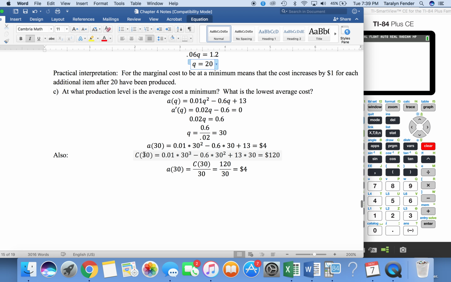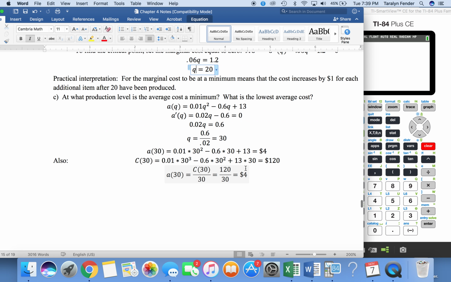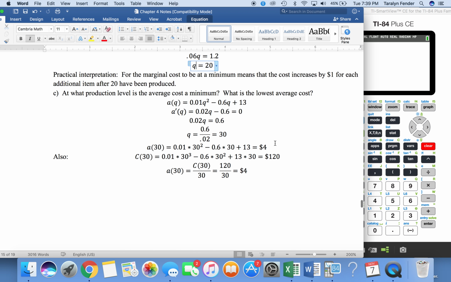The cost, when there are 30 items, you plug that in and you get $120. So the average cost is 120 divided by 30, which is $4, which is exactly what we have here.